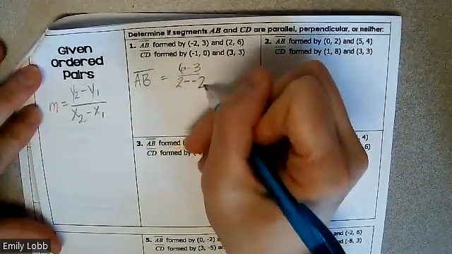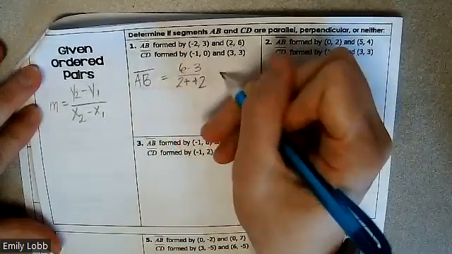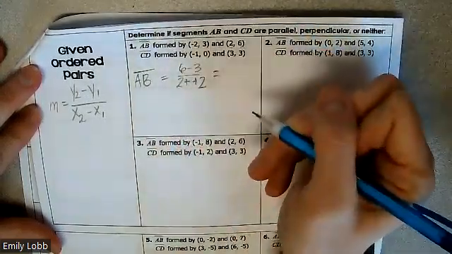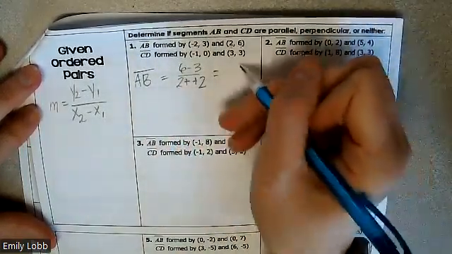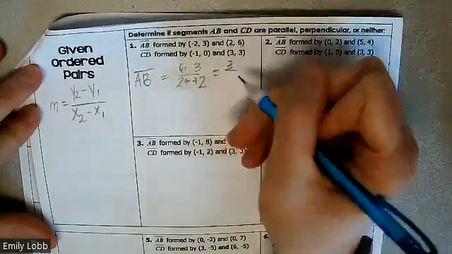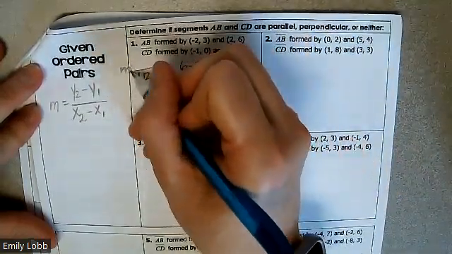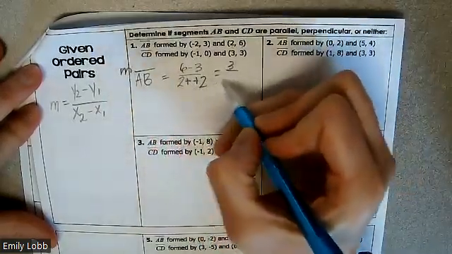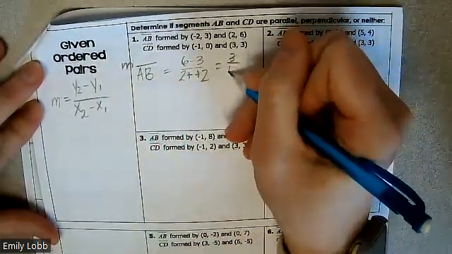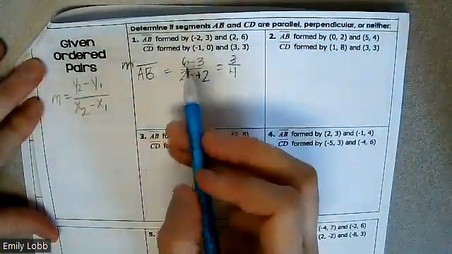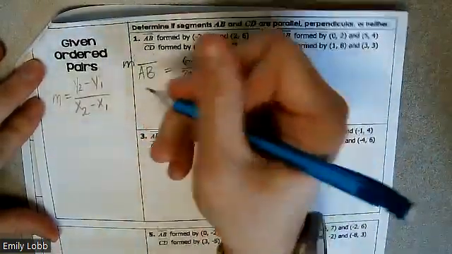So be careful with that one because those are going to become plus. What's 6 minus 3? 3. What is 2 plus 2? 4.